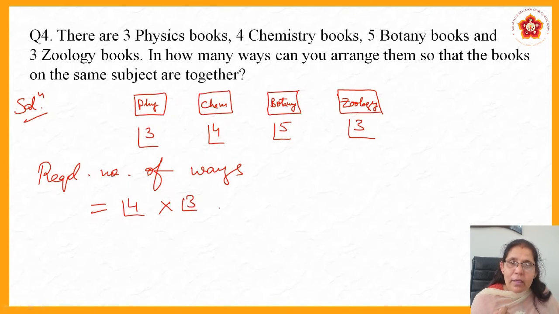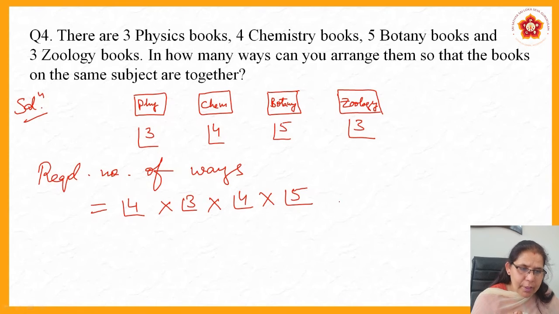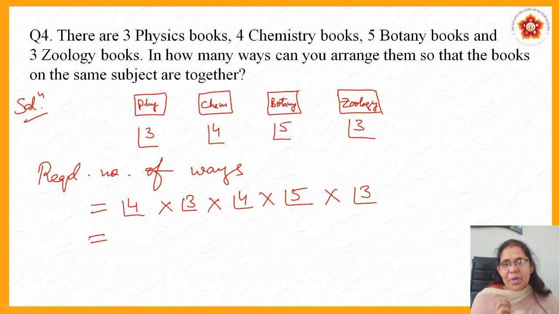Now, apart from that, the 3 physics books can be arranged in factorial 3 ways. 4 chemistry books can be arranged in 4 factorial ways. 5 botany books can be arranged in factorial 5 ways. And 3 zoology books can be arranged in factorial 3 ways.